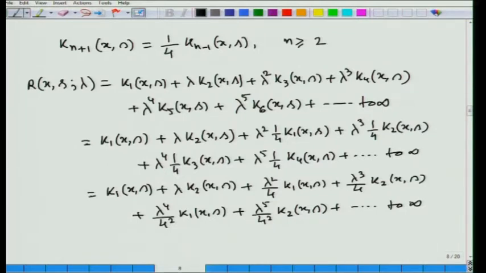So, we have one set of terms where k1(x, s) is there and other set of terms involving k2(x, s).